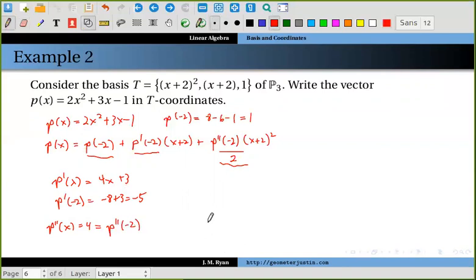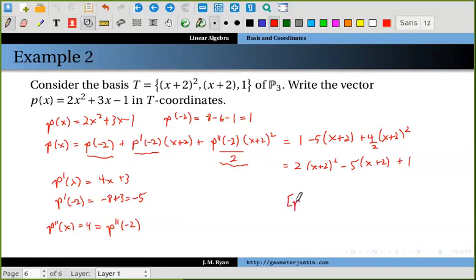Taking all of this into account, we can write our polynomial as 1 minus 5 times x plus 2 plus 4 over 2, sorry, 4 over 2 times x plus 2 squared. If we rearrange to get it in the same order as our ordered basis T, this is 2 times x plus 2 squared minus 5 times x plus 2 plus 1.